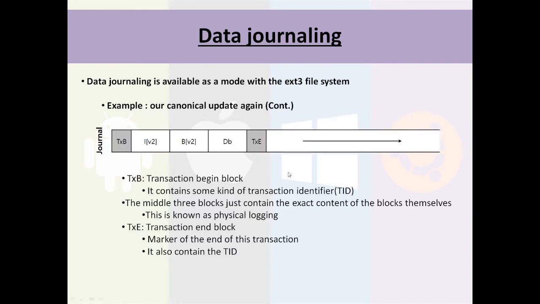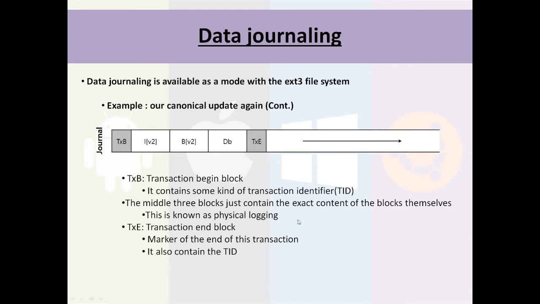And inside this log, it's going to look like this. So we're going to have this TxB and then the 3 things that we wanted to write and TxE. So what is TxB? Well, it's an indicator of the transaction begin, or where a transaction begins, okay? And it contains some kind of transaction identifier, all right? Because we're going to have multiple different things in our journal, multiple transactions, we need an identifier, and that's stored in this TxB.